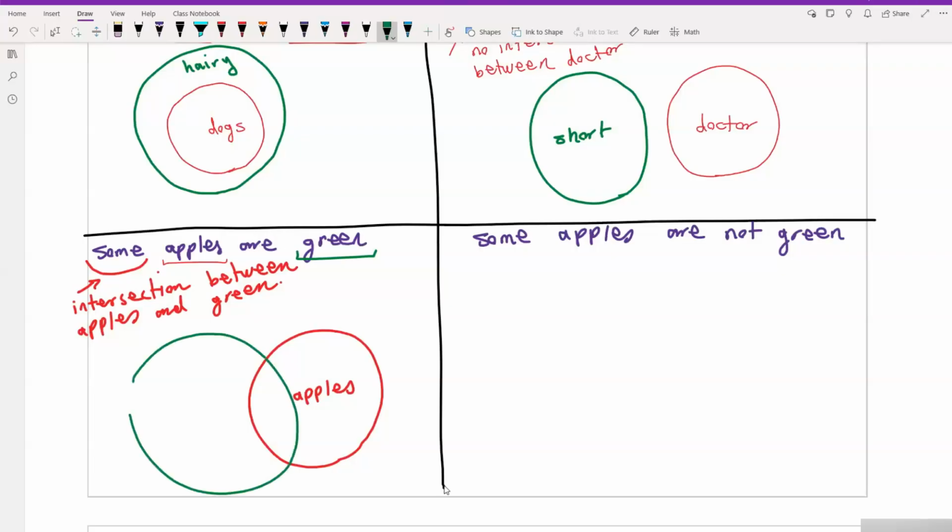I'm drawing this way. This is green, and here is the intersection part. So some apples are green.